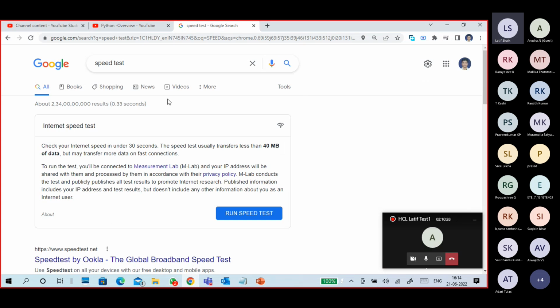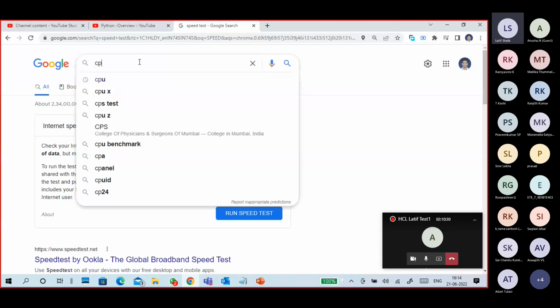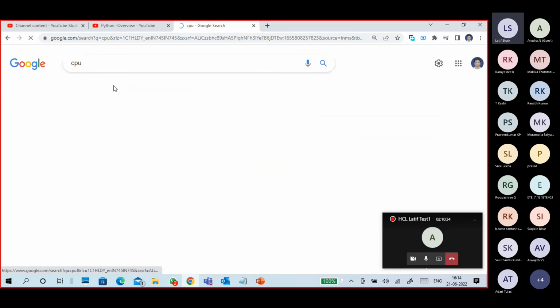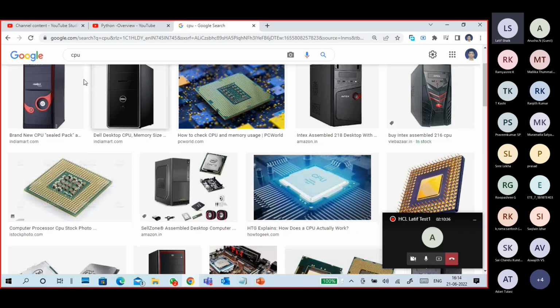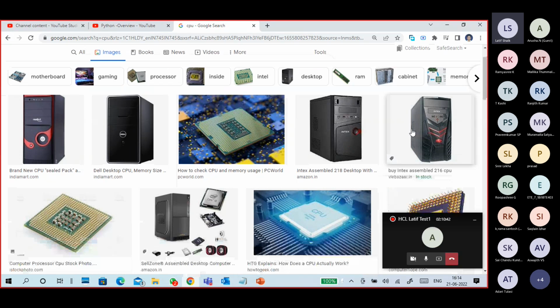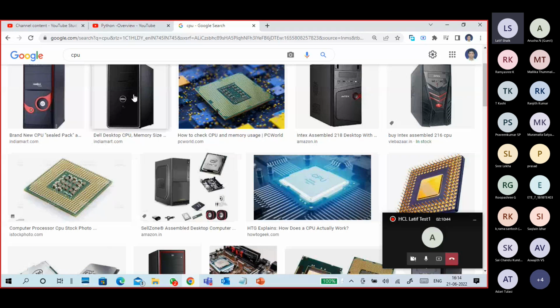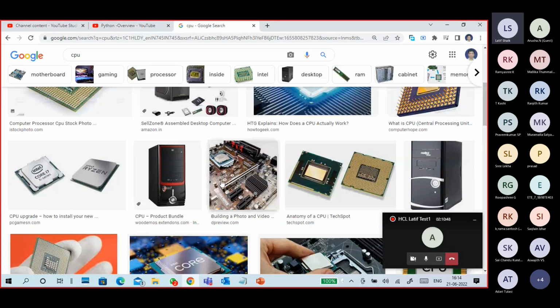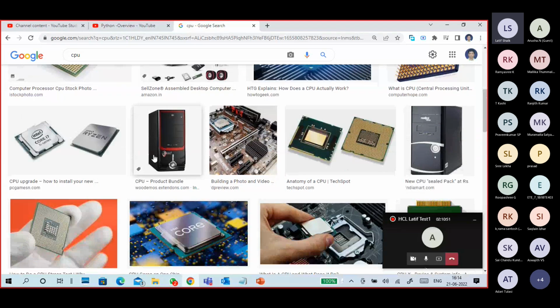So how does a CPU look? Very simple, go to images. Normally, people think this cabinet is the CPU. No, guys, it is a cabinet. It's an outer layer where all our components are inside.